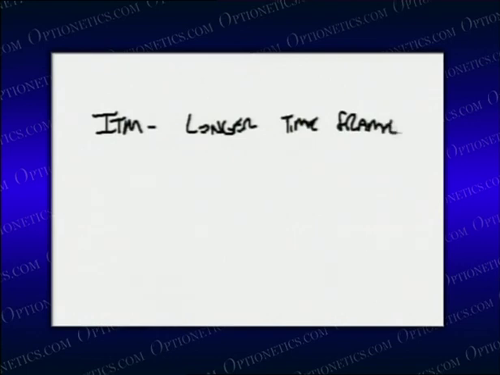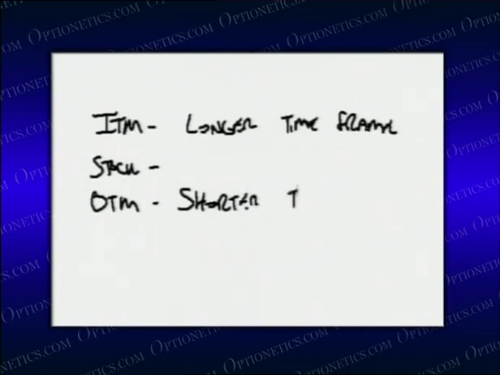If the trade is out of the money, meaning this might be my stock price here, out of the money would mean it'd be below the stock price, this is going to have a shorter time frame. And what do we mean by long and short? Well, long would be anything that's 180 days or greater.